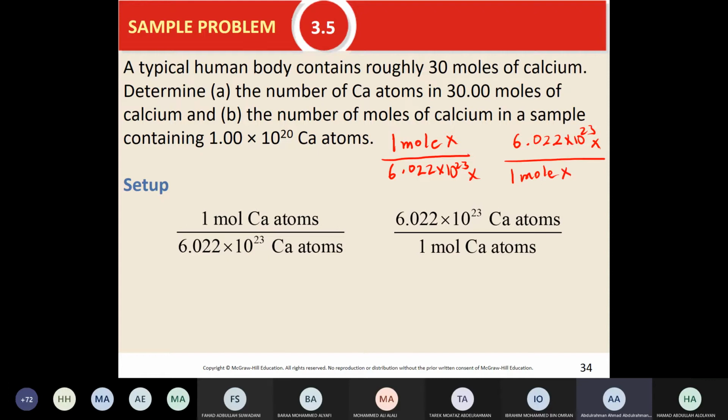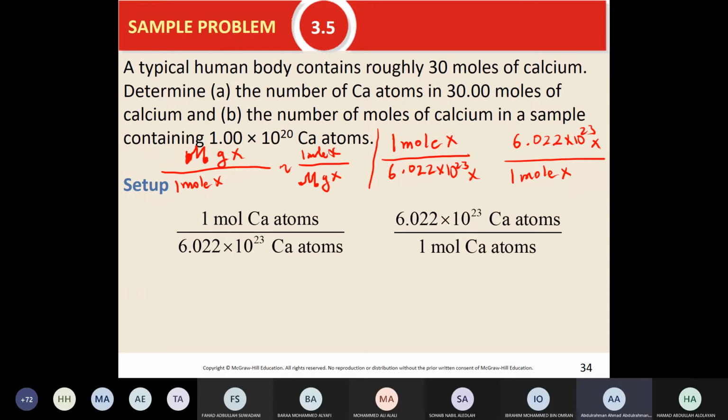What's the other equation that we did? Molar mass: 1 mole, or molar mass in grams. Gram X divided by 1 mole X, or 1 mole X divided by molar mass gram X. Keep these four relations together.